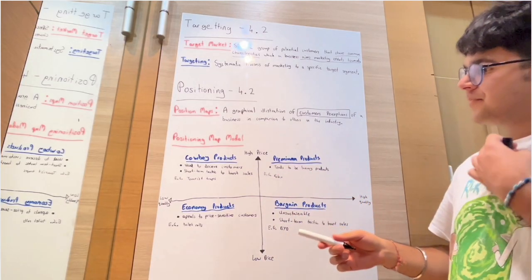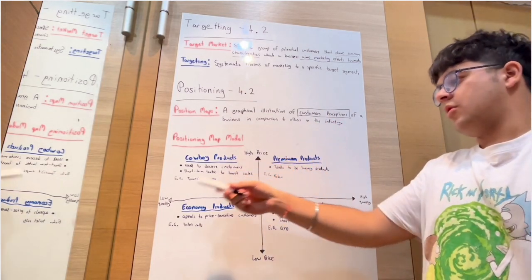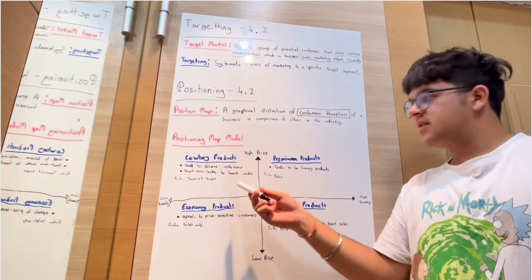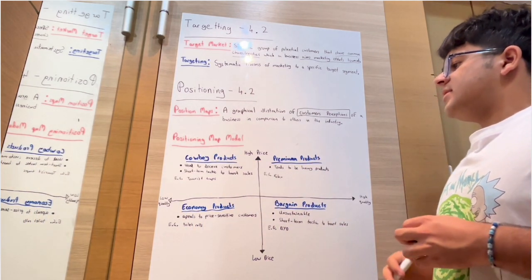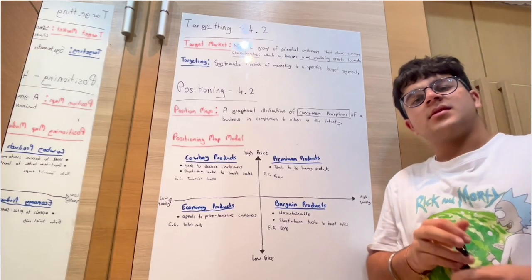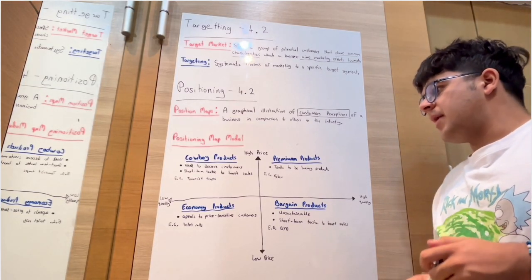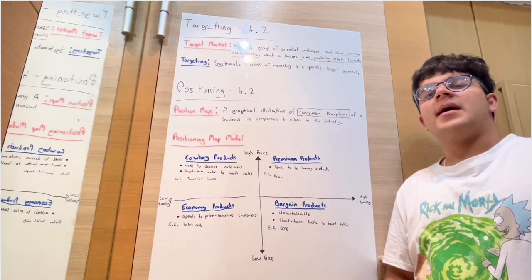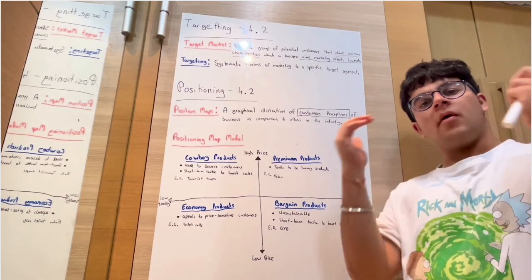Let's go sector by sector. In this sector here of high price and low quality, we call these products or these businesses within this cowboy products. Now, this is kind of an unsustainable strategy that businesses hold. It's not preferable, but it's kind of used to deceive customers, and it's a short term thing. It's a rip off basically.